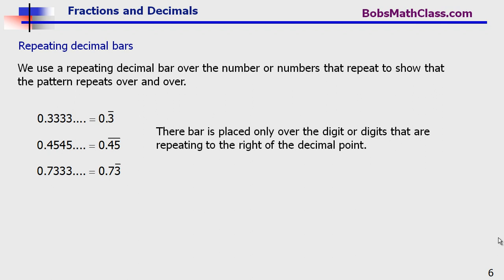Or 0.45, a bar over the 4 and 5 to show that the 4 and 5 repeat: 4, 5, 4, 5, 4, 5. This last one, 0.7333, we only put a bar over the 3 because it's only the 3 that repeats. You wouldn't want to put the bar over the 7 because it's not 7373, it's just 7 and then 3's that repeat.